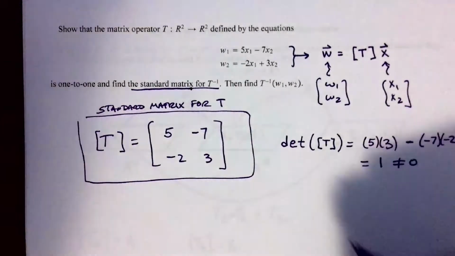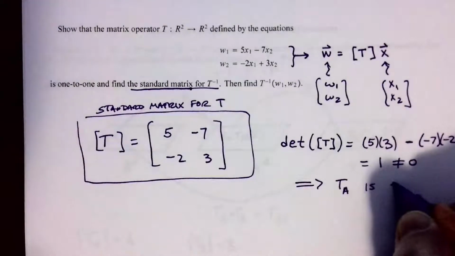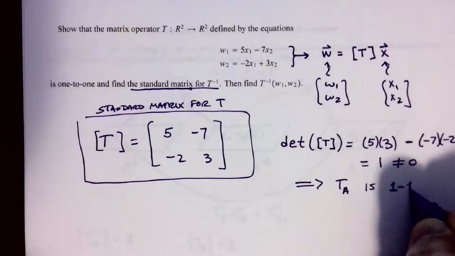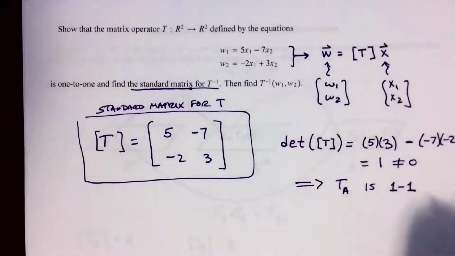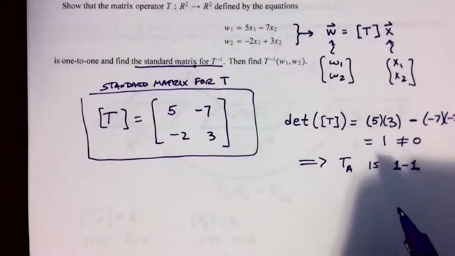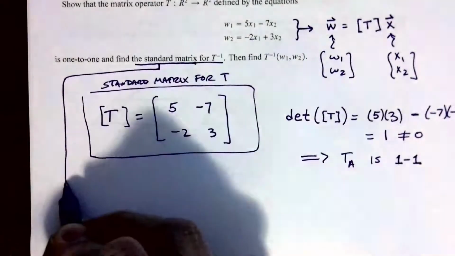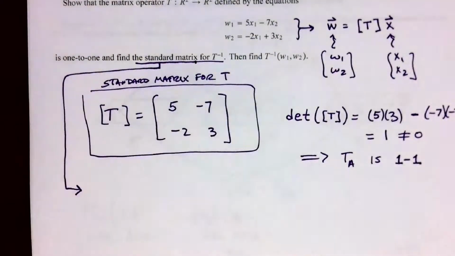And therefore, what do we know from our list of equivalent statements? This transformation TA is 1 to 1. So there's the first part, prove that it's 1 to 1. And now I'll answer this question: what is the standard matrix for the inverse operator?